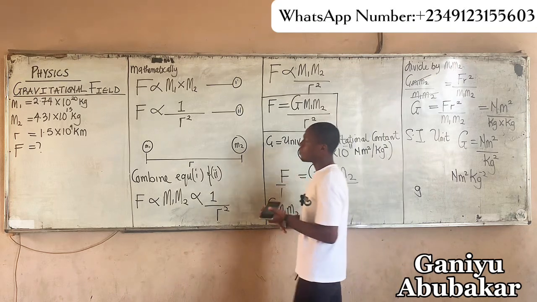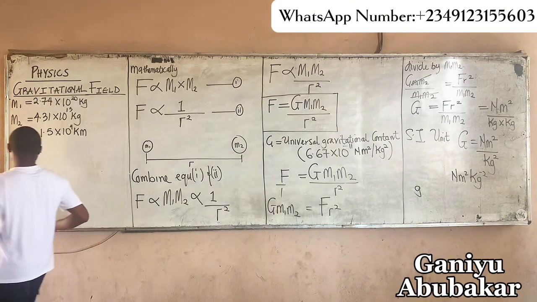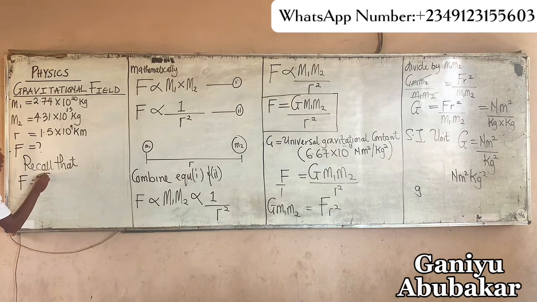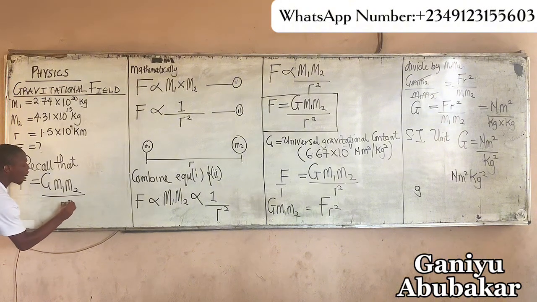How do you solve this? Your task is to recall that we established that F is equal to capital G m1 m2 all over r squared.